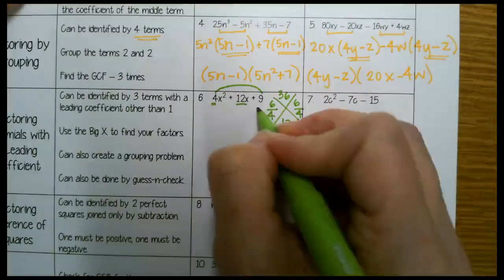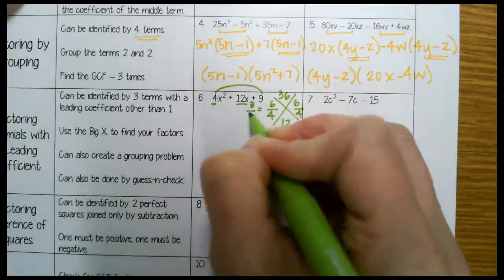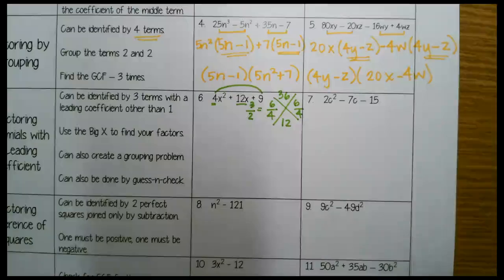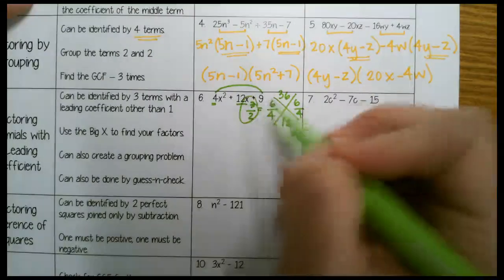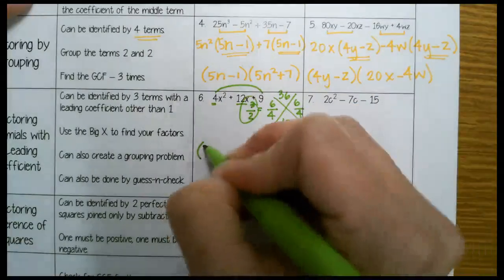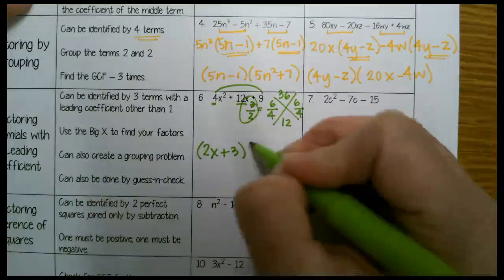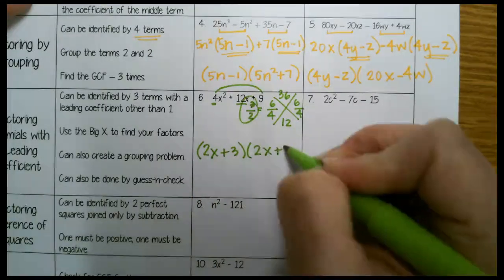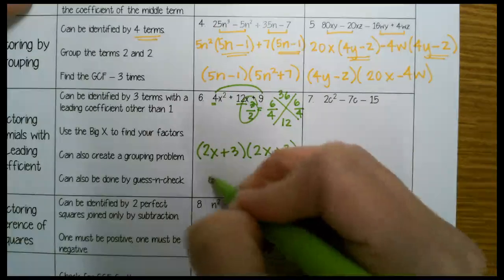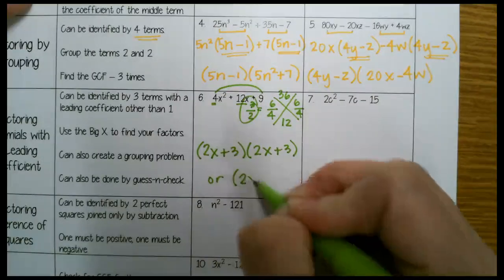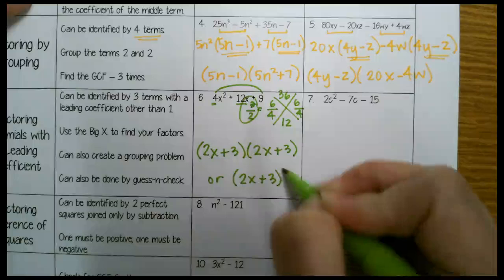So both sides end up being the same, and I get 3 over 2. So hopefully you remember that that now becomes 2x plus 3, and I have that one twice because I ended up with the same answer. So another way we could write this is 2x plus 3 squared.